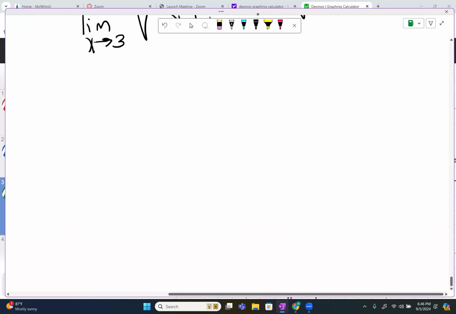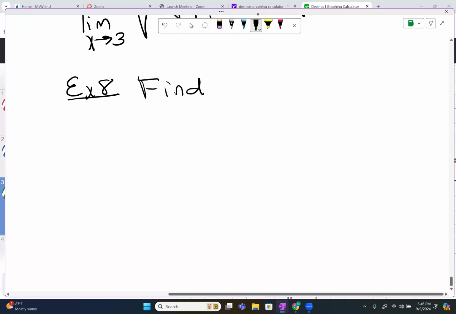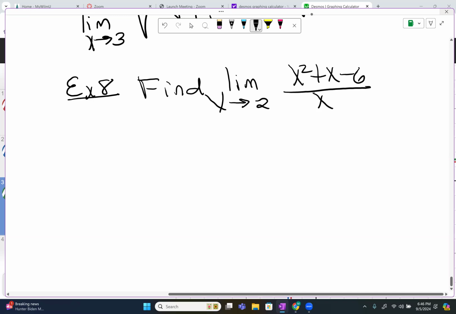Let's look at example 8. In example 8, you have find the limit as x approaches 2 of x squared plus x minus 6, over x minus 2.